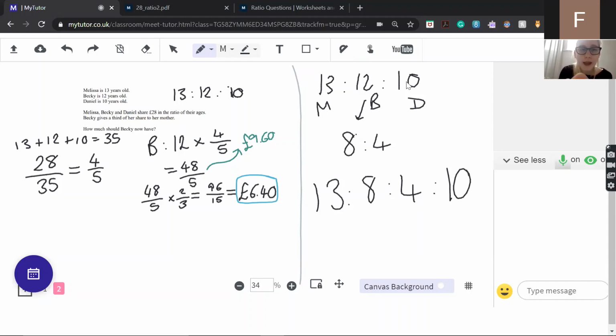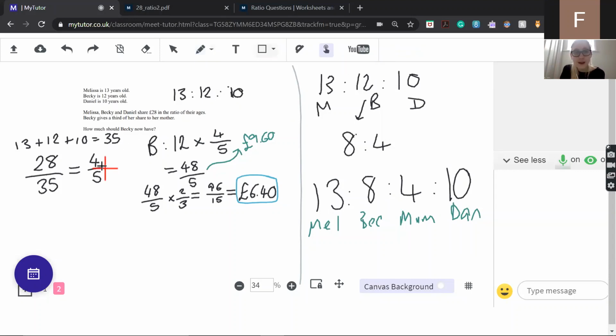And what we have now is, this is Melissa, this is Becky, this is her mum, and this is Daniel. So now it's a 4-way ratio, but what we're going to do instead is that once we get this 4/5, we multiply it by 8 instead, and we immediately have our answer. We don't even need to think about the third. We've already thought about that third.